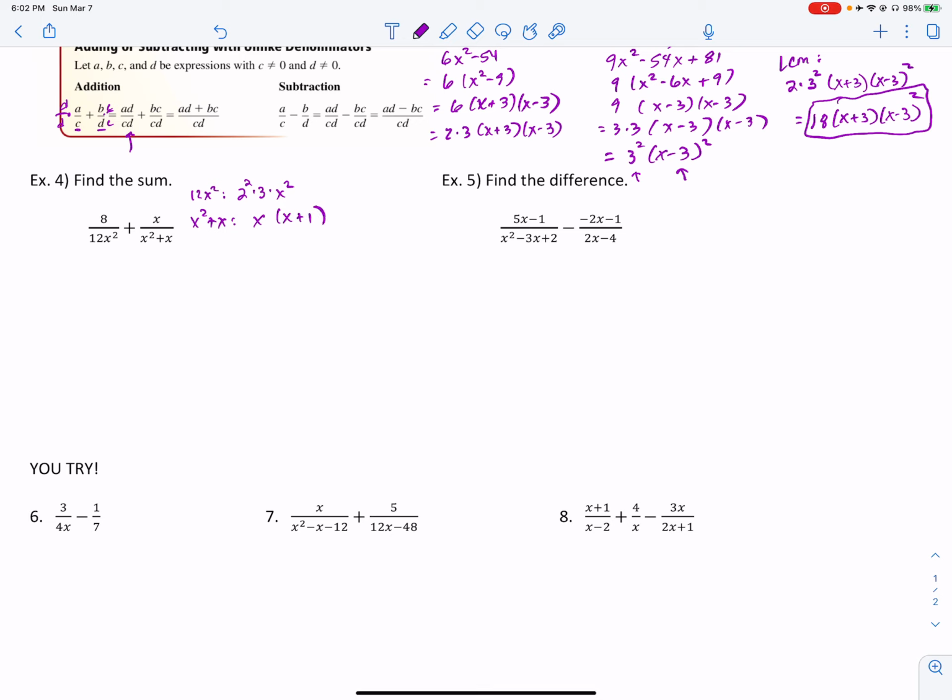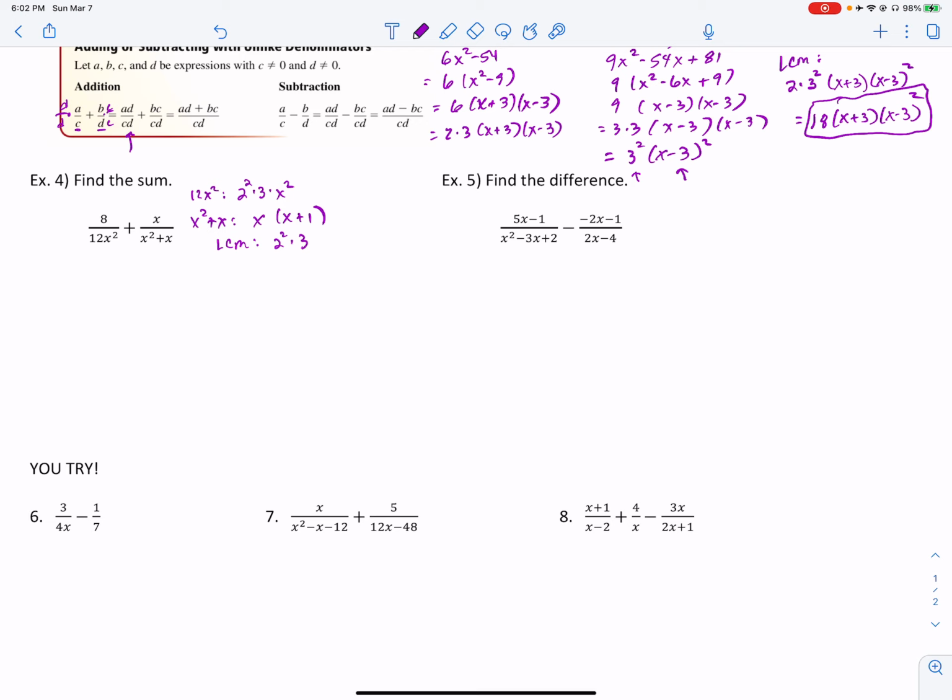And so now I need to look at factors in each of these and see what they have in common. Well, the 12 is unique to the first one, so that 2 squared times 3 is going to be part of it, or just 12 is going to be part of my least common multiple.